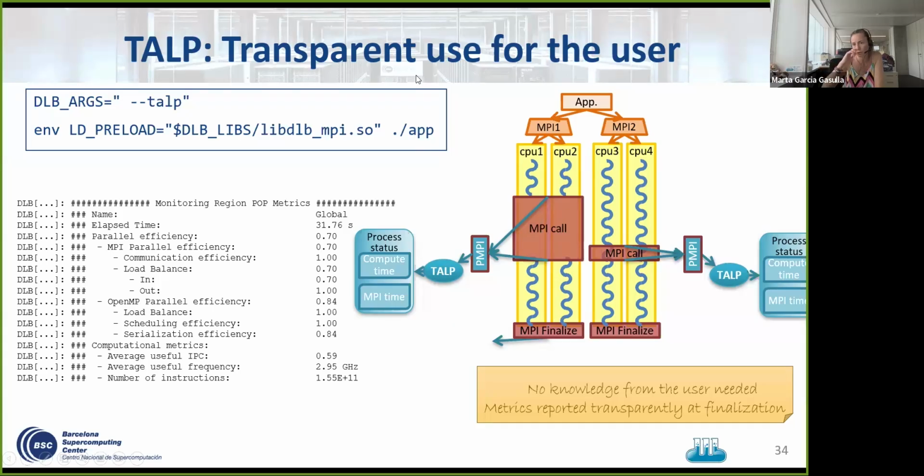With this, without touching anything in the application, without doing any other configuration, we get the metrics at the output. Our application runs, TALP gathers the metrics during the execution, and at the very end of the execution, we get the summary of metrics of how my application performed.